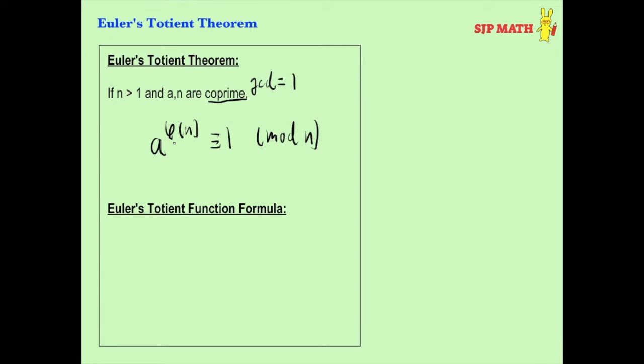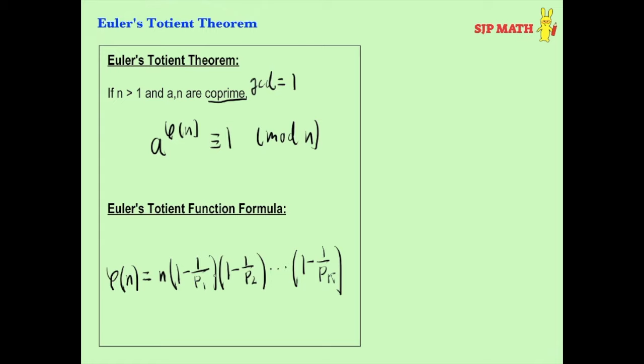If you're watching this video, then I assume that you already watched the totient function video. But again, I'll just write the formula here so that we can look at it. So totient of n is equal to n times 1 minus 1 over p1 times 1 minus 1 over p2 times all the way up to 1 minus 1 over pk.